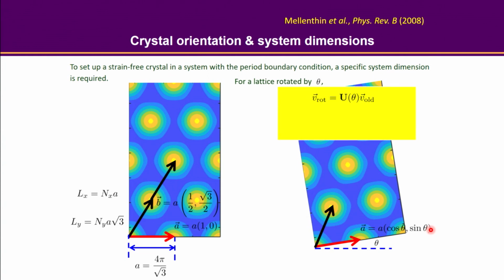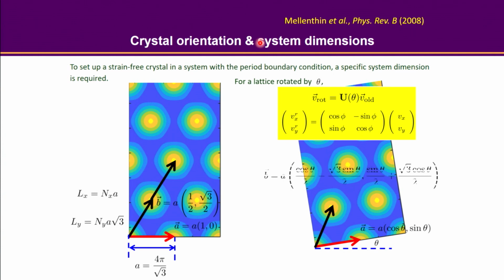So what we just did is apply a rotational matrix to the old vector, the vector on the left. The rotational matrix would be something like cosine, minus sine, and sine, cosine structure. Okay? You can do the same thing for the black vector. That's something for you to check out, but I just list the answer here.